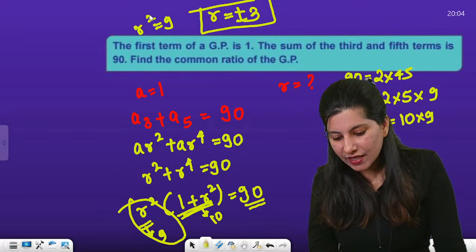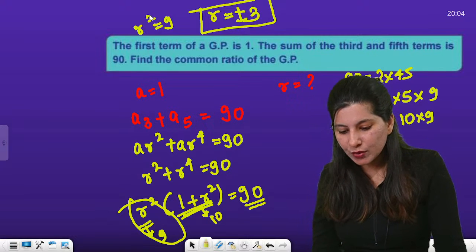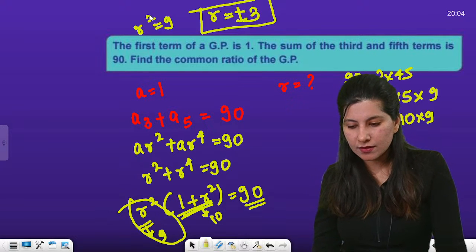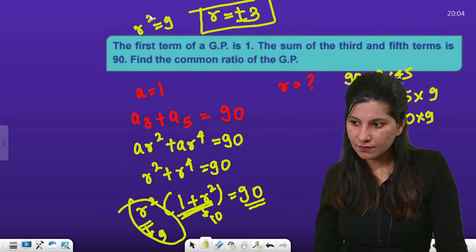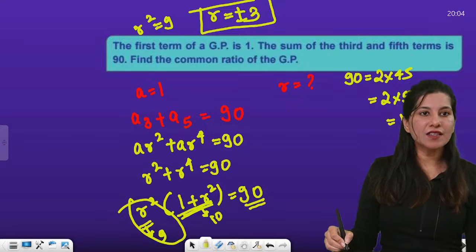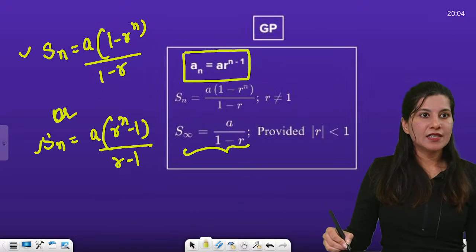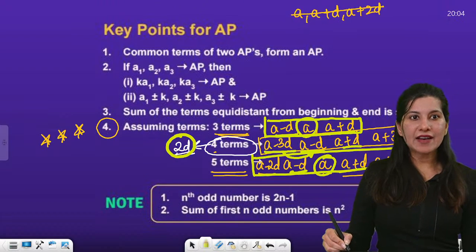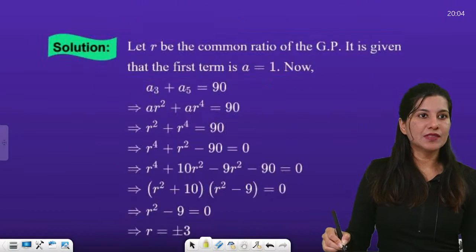Ping pong is saying it should be symmetrical, that if we take 2D, minus 2D will also get cancelled. Yes, ping pong is asking a doubt. Ping pong, are you here? I guess we are done with this, no?